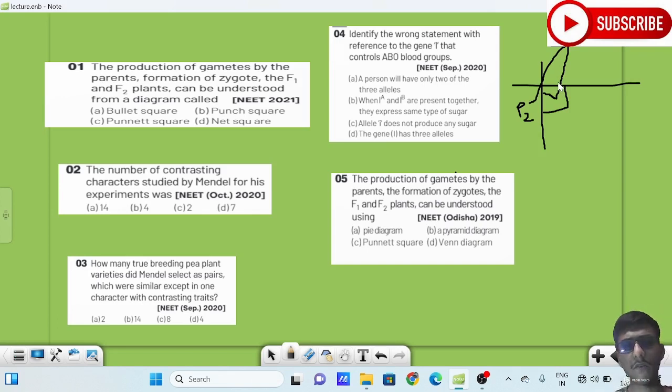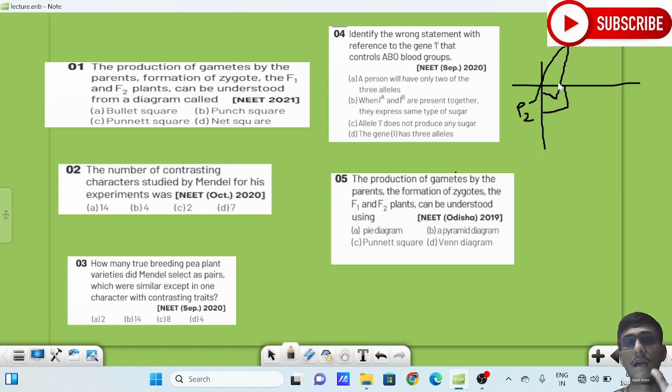What were the contrasting characters taken by Mendel? While I was taking my lecture, I told you to remember a plant having axial flowering. The flowers were violet in color, with a green inflated pod and round yellow seeds. The plant was also tall.